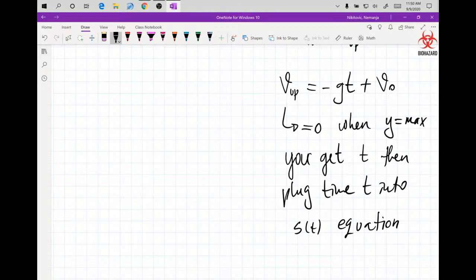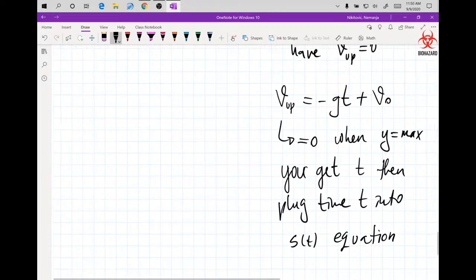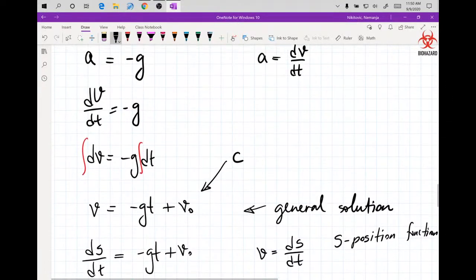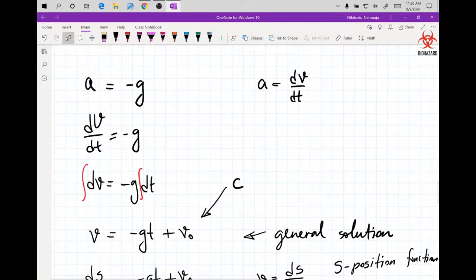You start with a concept that is words. Population: the change in population is proportional to population. For physics, you will say the change in velocity in time is equal to acceleration.